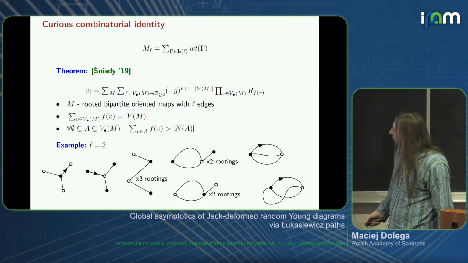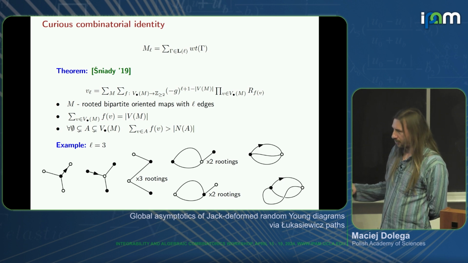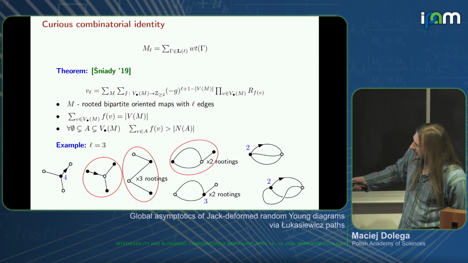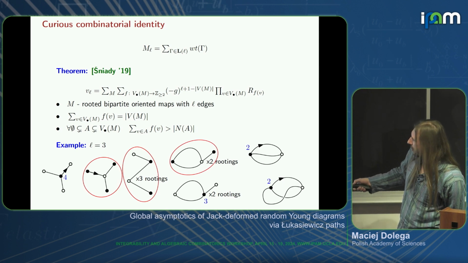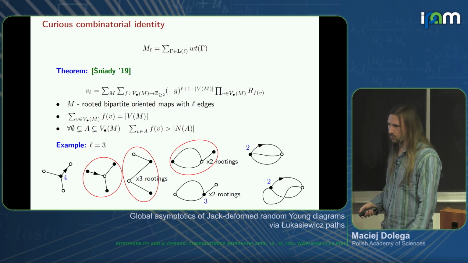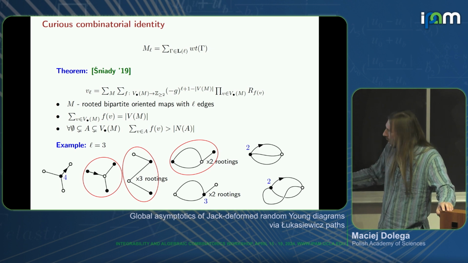So I have an example for you. I draw all the orientable maps with 3 edges. And then you can actually see that for these 3 examples, it's impossible to color it with this rule. So this means that they will not appear in the formula, but all the others will appear in the formula.